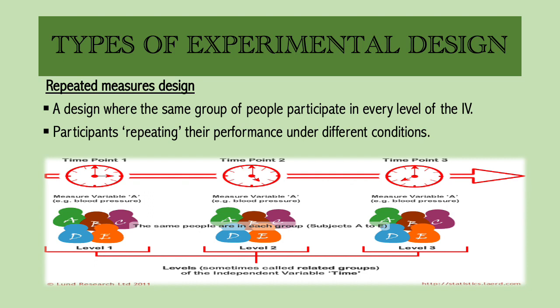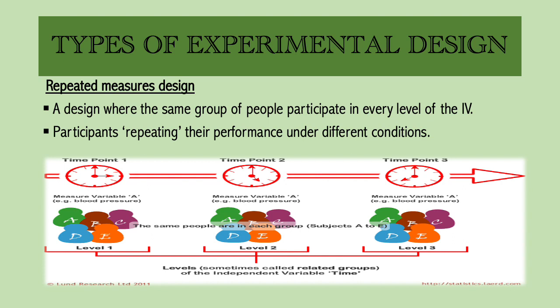Before you read through those points, I want you to look at the picture, because the picture illustrates how the participants are divided into different levels of the IV. You see there are 3 levels of IV.